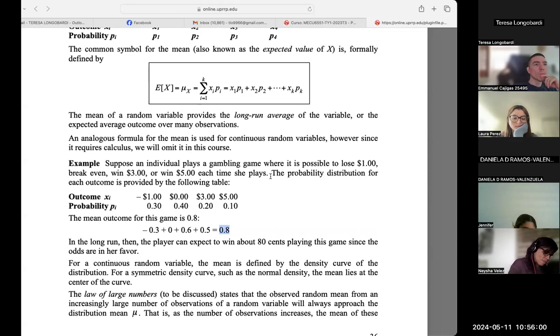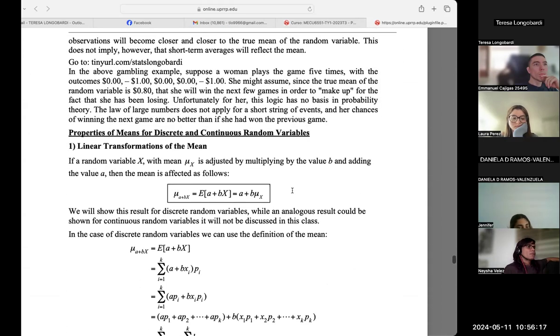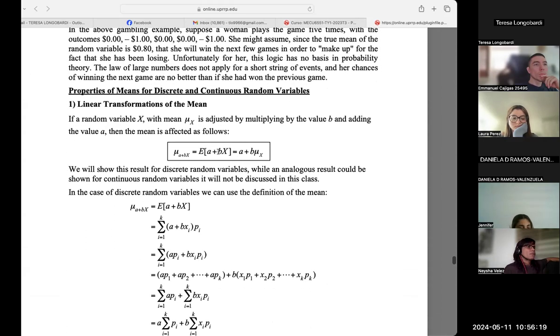and I manipulate the distribution by multiplying each value of the distribution by a certain number and/or adding an amount to each of them. So if I perform a linear transformation that looks like this, multiply by something and add something, this is known as a linear transformation.